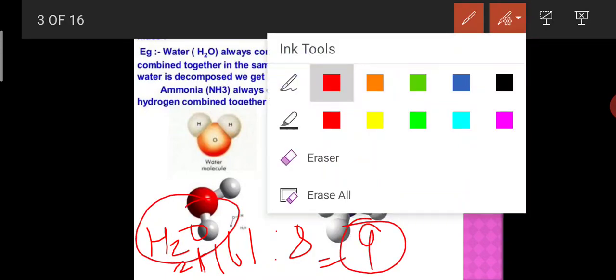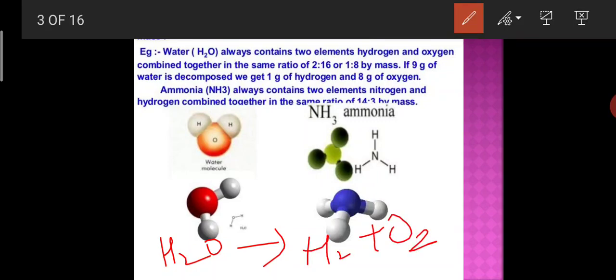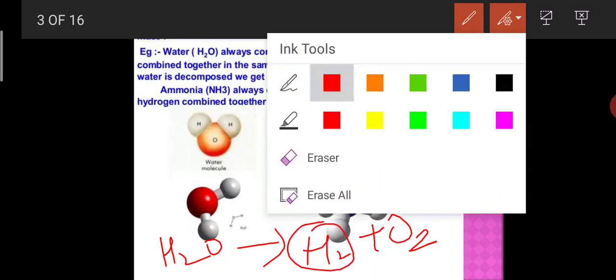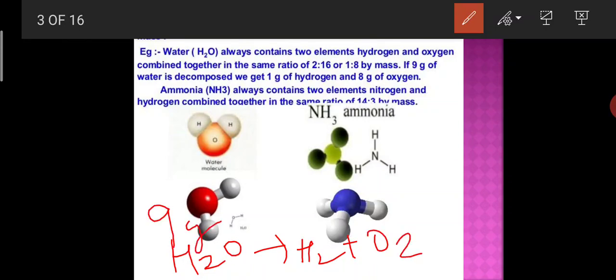When 9 gram of water, H2O, is decomposed into H2 plus O2, whatever the ratio will always be, we get 1 gram of hydrogen and 8 gram of oxygen.